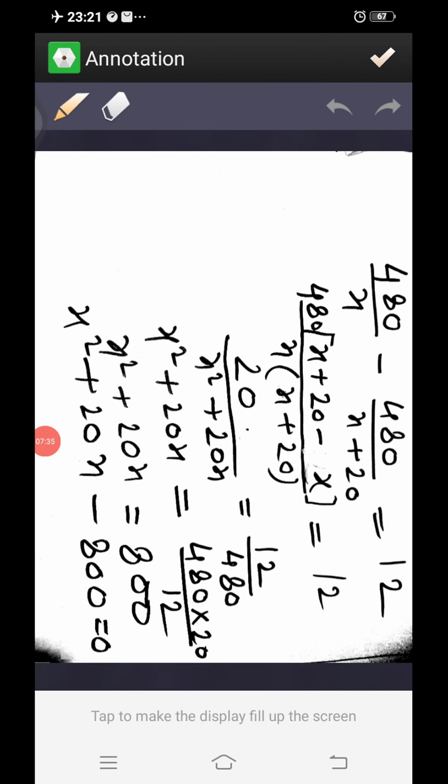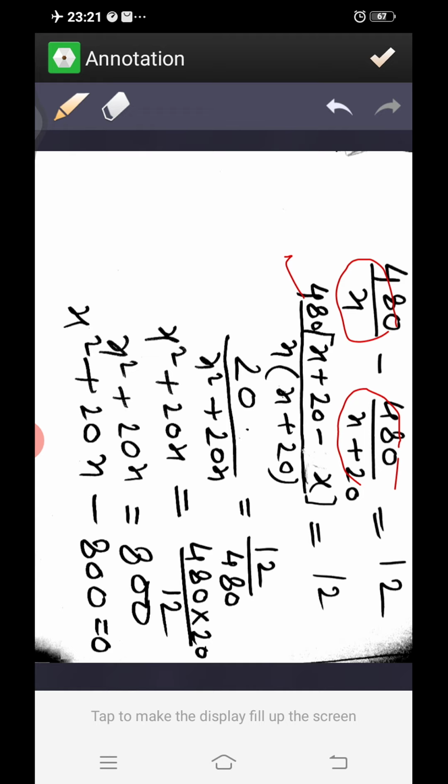Given that if the number of children is x plus 20, then each gets 12 rupees less. It means this value is 12 less than this. So 480 upon x minus 480 upon x plus 20 equals 12. Now I have taken 480 common.